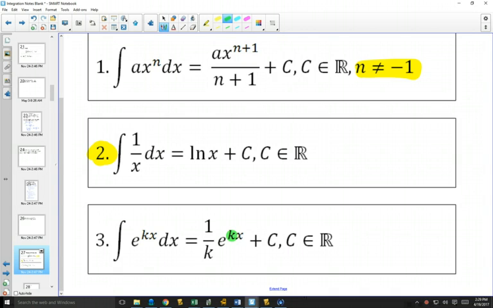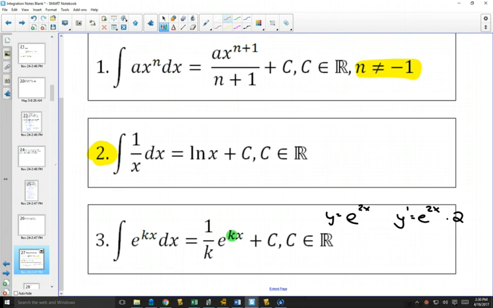Well, if you had e to the 2x and you did the derivative, what would happen? If I had y equals e to the 2x, if I did the derivative, I would get e to the 2x again, but then I'd have a chain rule, and I'd have to multiply by 2.